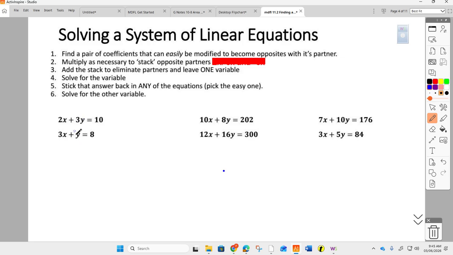I can easily multiply y by negative 3, and now I have opposite terms. Does that make sense? And when I add 3y and negative 3y, now I've eliminated one of my variables. Remember, we're eliminating because we can't solve an equation with two variables. Right? We can't isolate a variable in an equation with two variables unless we're working with a system.